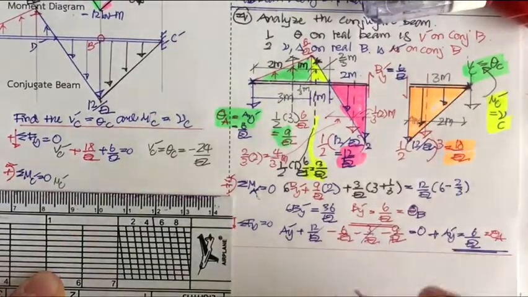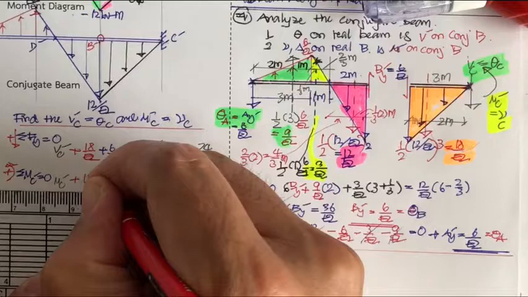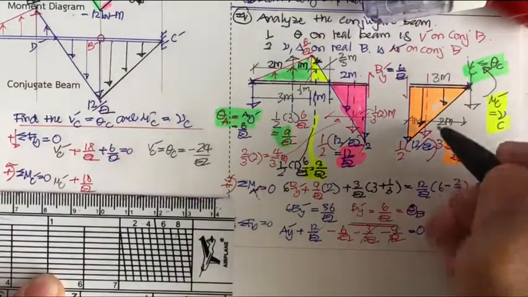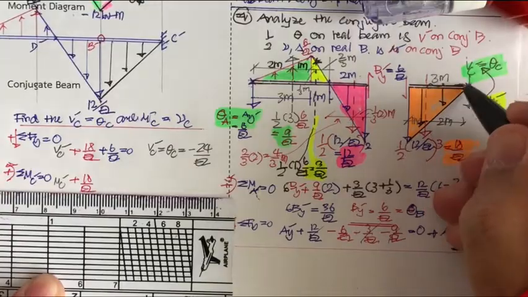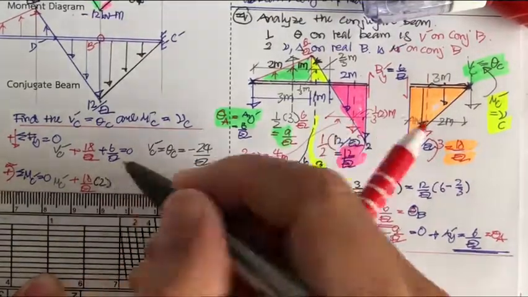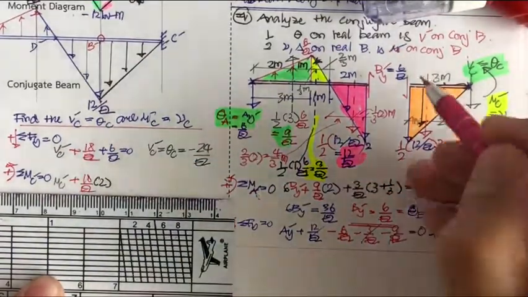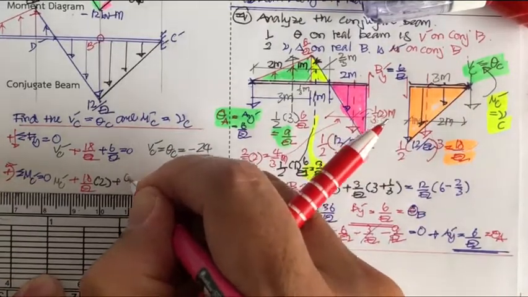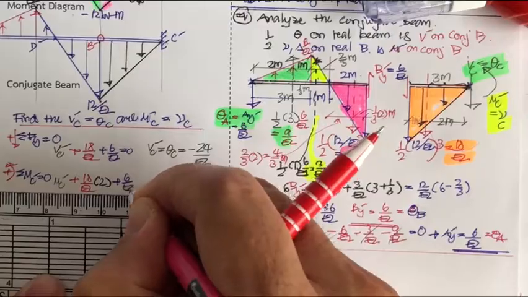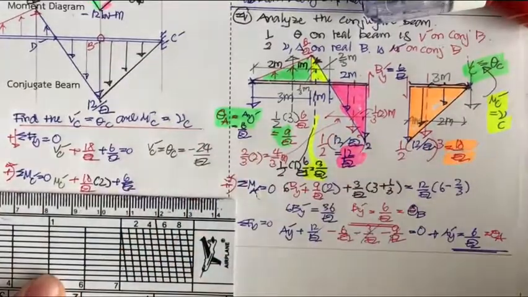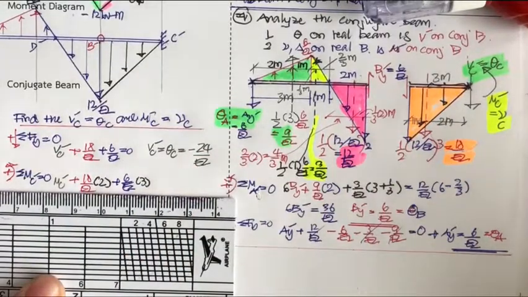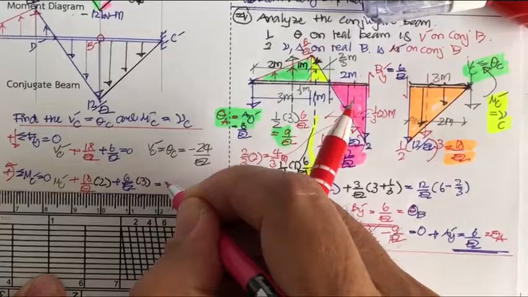So we have plus 18 over EI, and then it's gonna times the distance here, times 2, and then this is gonna be the same direction. It's gonna be plus 6 over EI. Okay, and this is gonna times 3, and it is equal to 0.